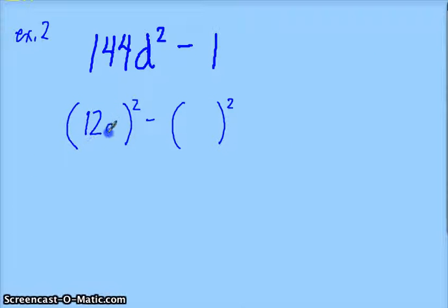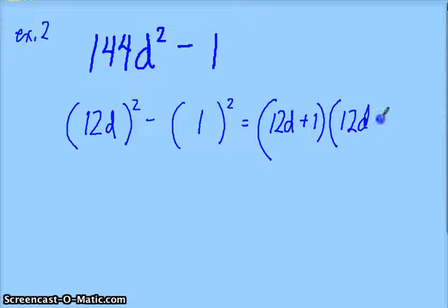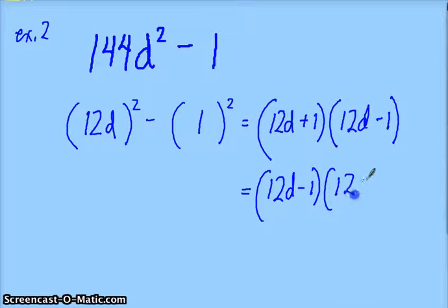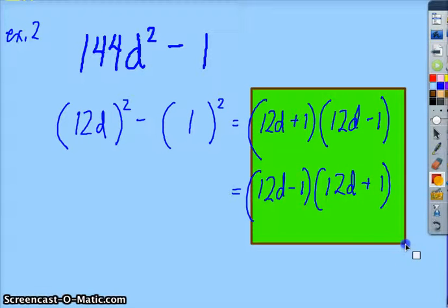That's 12d squared. 12 squared, 144. d squared, d squared. What about 1? Don't forget about 1. 1 is just plain old 1 squared. So when we use our formula, that says 12d plus 1 times 12d minus 1. Some of you may be asking, does it matter if I do this, 12d minus 1 times 12d plus 1? Both of these are exactly the same.